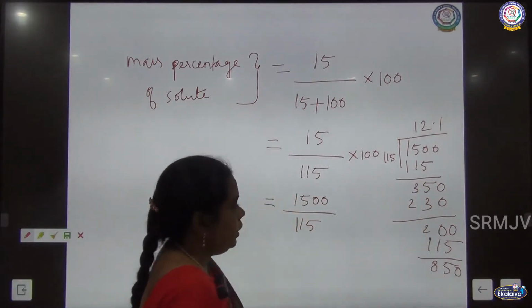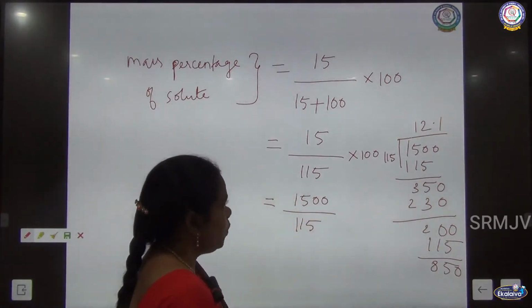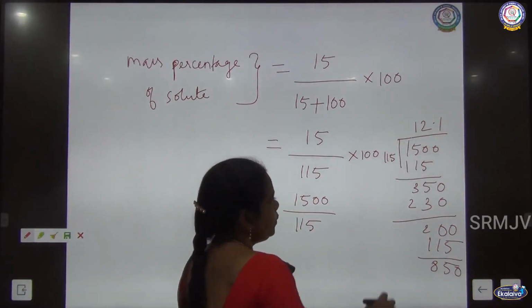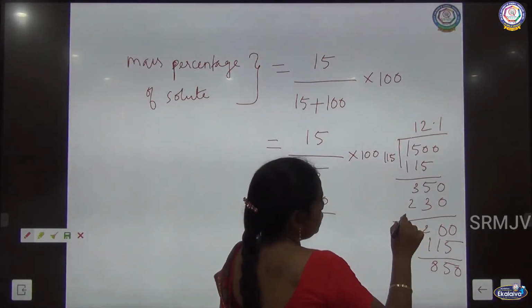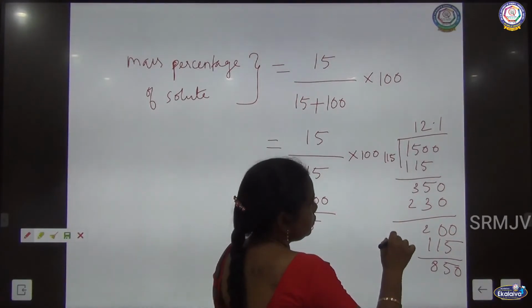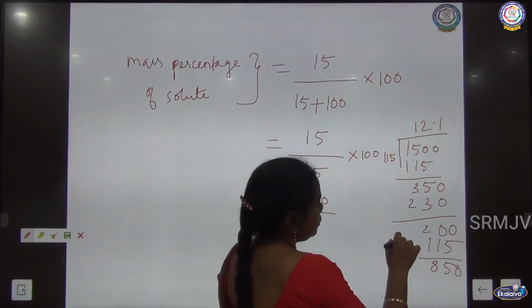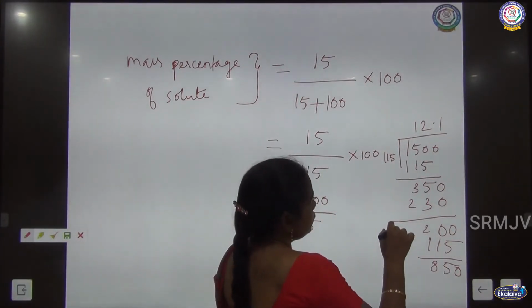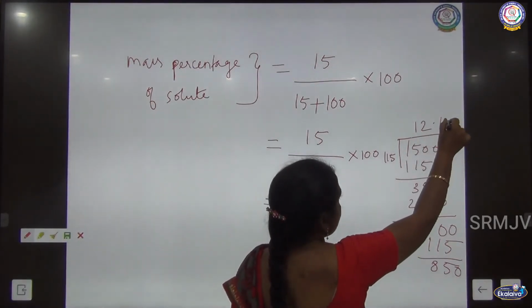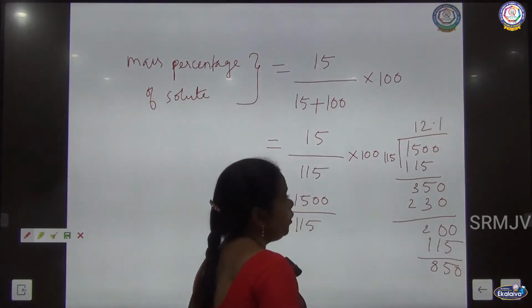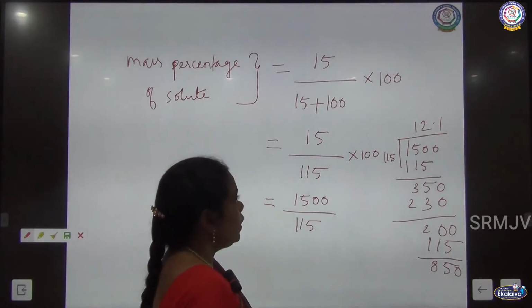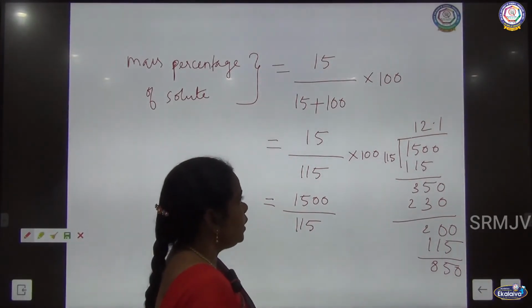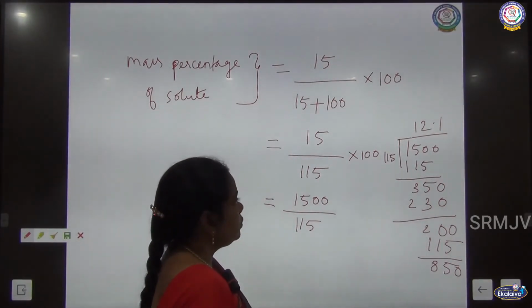So now 5, 9 minus 1, 8, 850. In 850, how many times is possible? 7 times. 7 5s are 35, remainder 3, 7 1s are 7, 7 plus 3, 10, remainder 1.